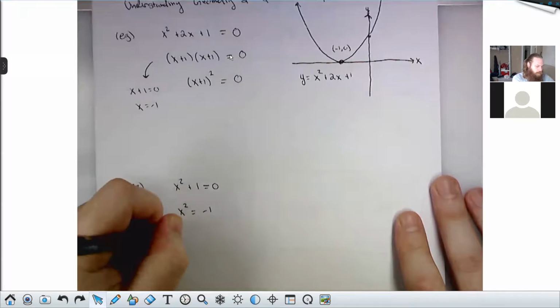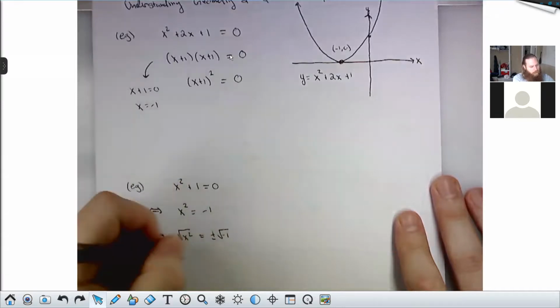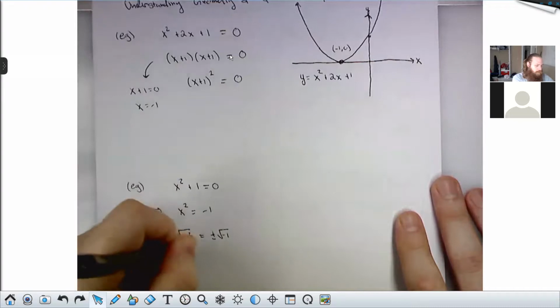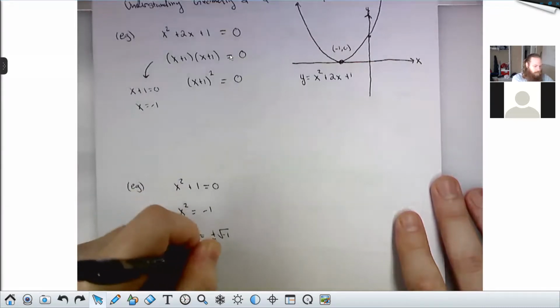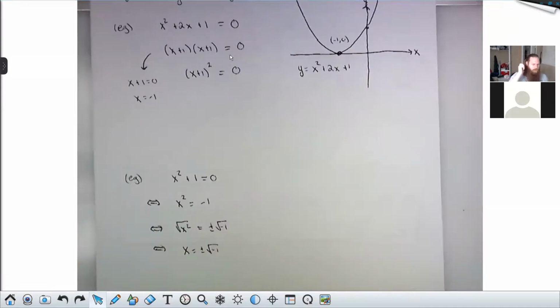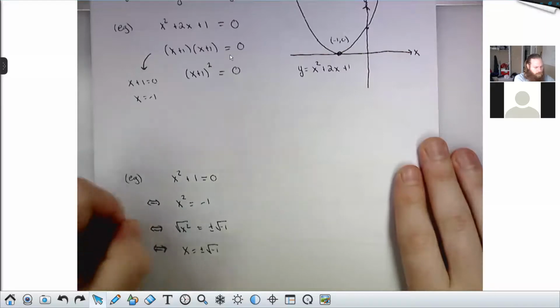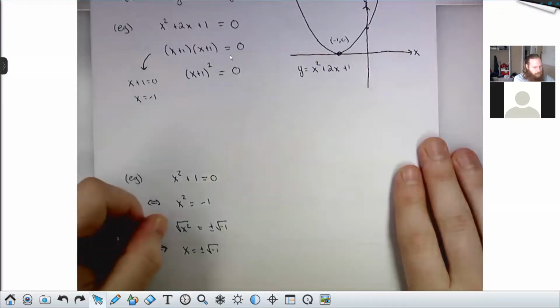Square root of x squared is just x, and over here I'll get plus and minus the square root of -1. So this is x equals plus and minus the square root of -1. But the square root of -1 is undefined. At least it's not a real number. We'll talk about these in a minute.